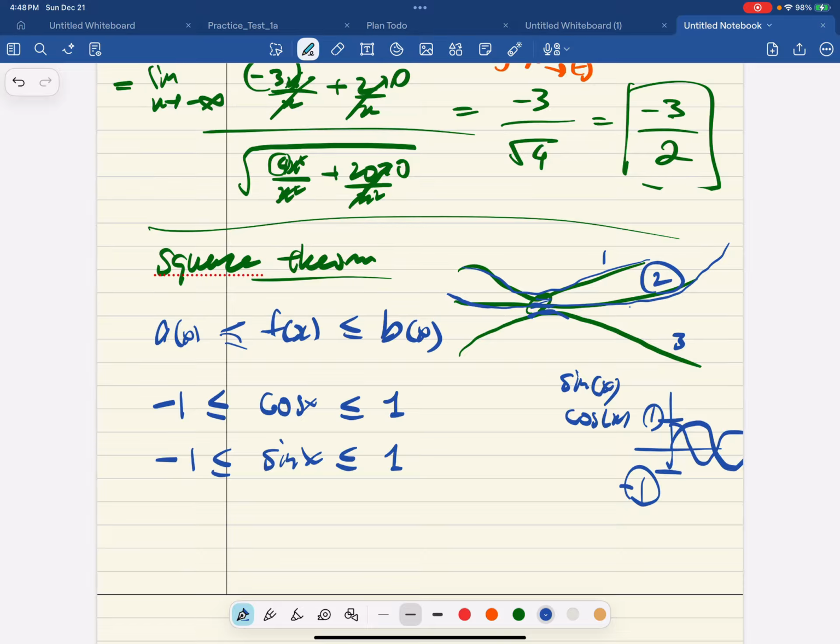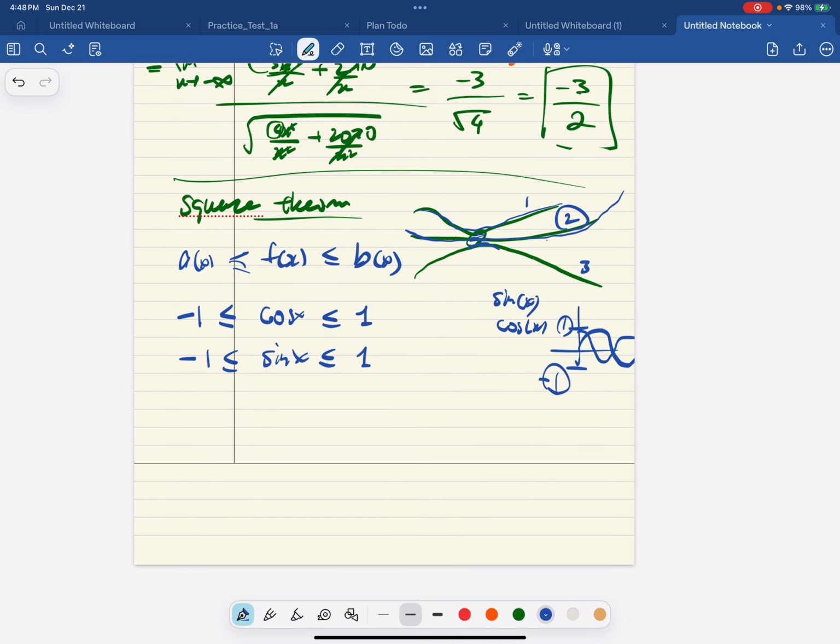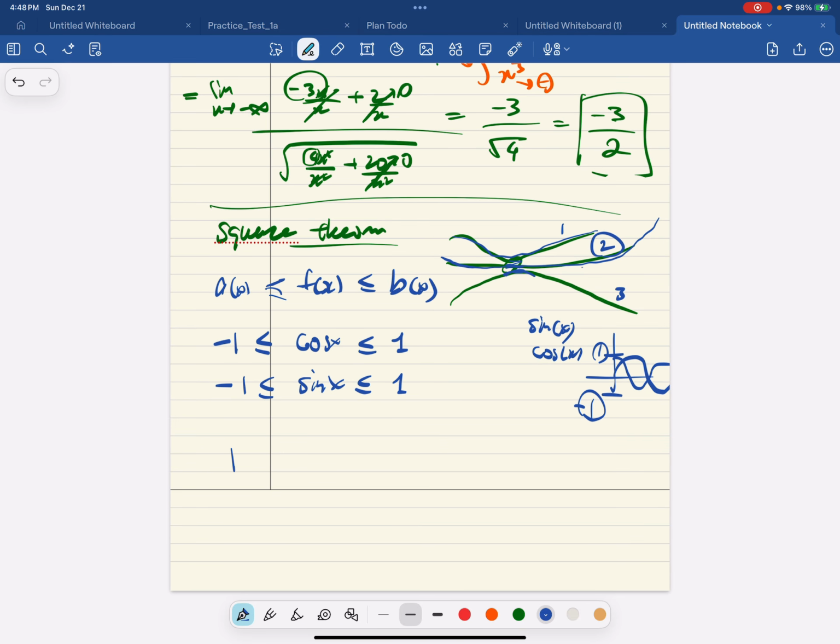And what's helpful here is that if you have a limit question asking you something like the limit as x approaches infinity of x cos x over x squared, you can actually simplify that to cos x over x.